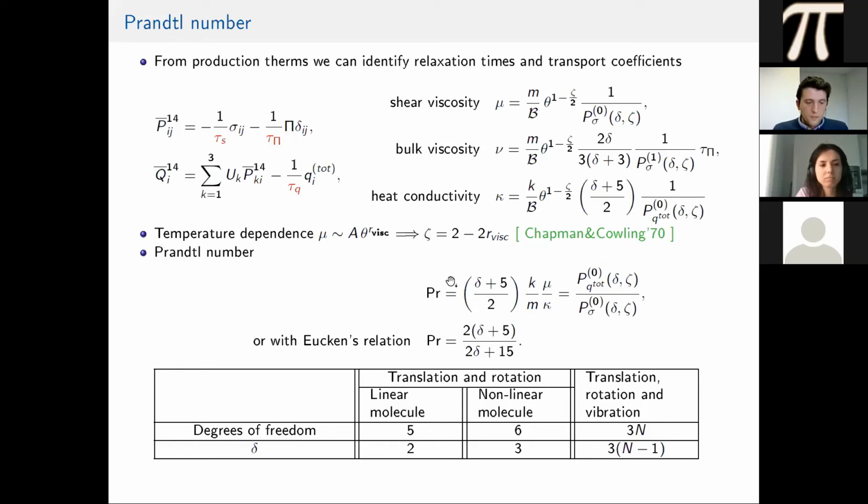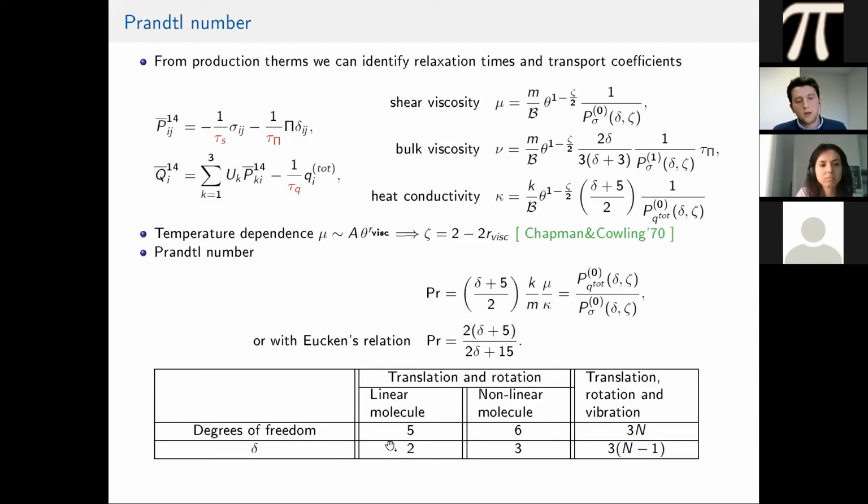This Prandtl number is very common in physics. There is also experimental data for these values, but there is also another relation that connects the degrees of freedom of the molecules and the Prandtl number, and it depends on how your molecule looks.